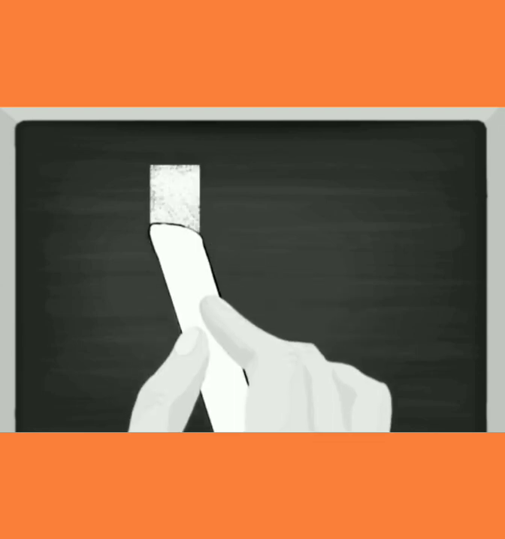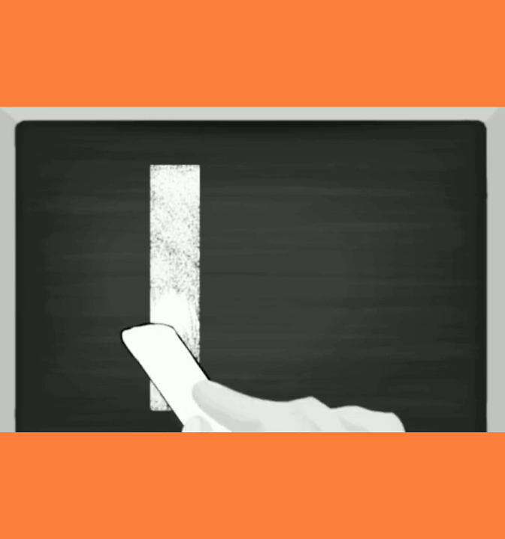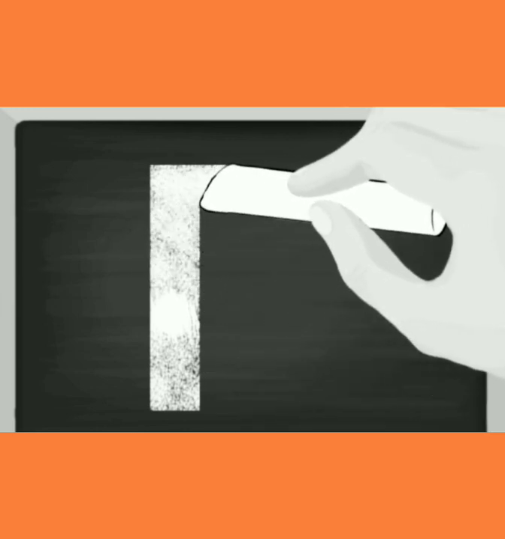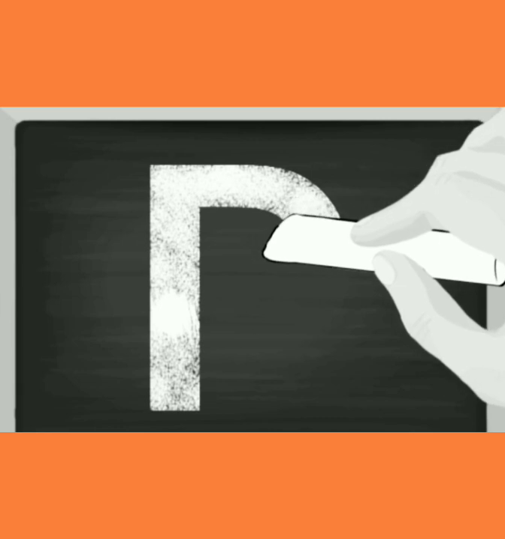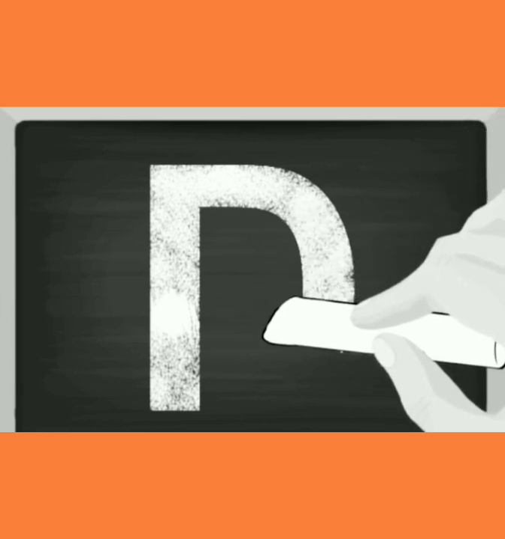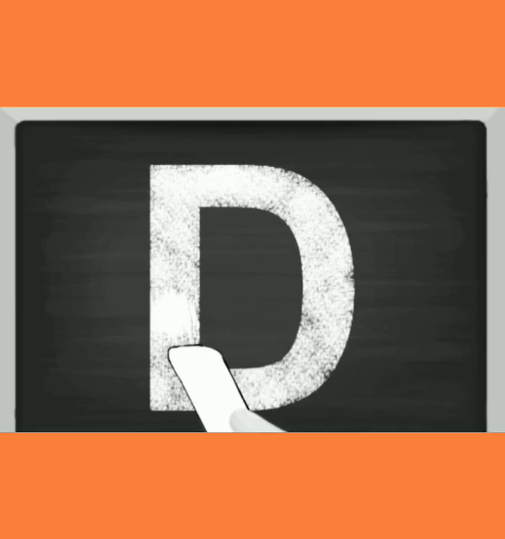Okay, children, first let us see how to write capital D. Okay, now you are going to write a line from top to bottom like this. Then you are going to draw a curve from the top line joining the bottom part. Okay, so you can see how the capital D is written. Okay, so children, now you can write capital D neatly.